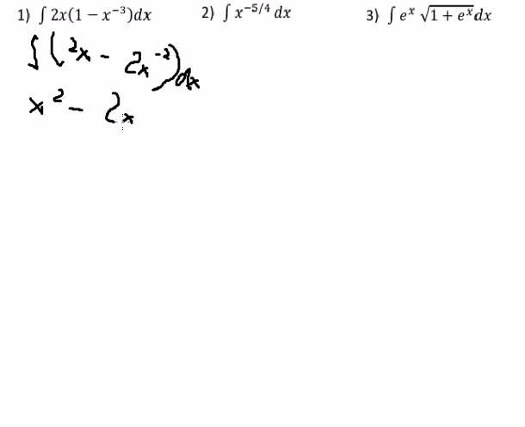So you get negative 2 plus 1 over negative 2 plus 1, and we have c in here. So you get positive 2x to the power of negative 1.